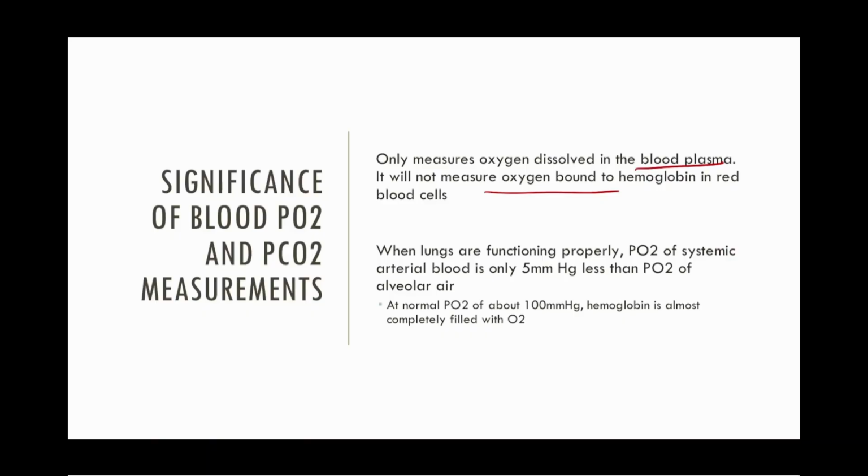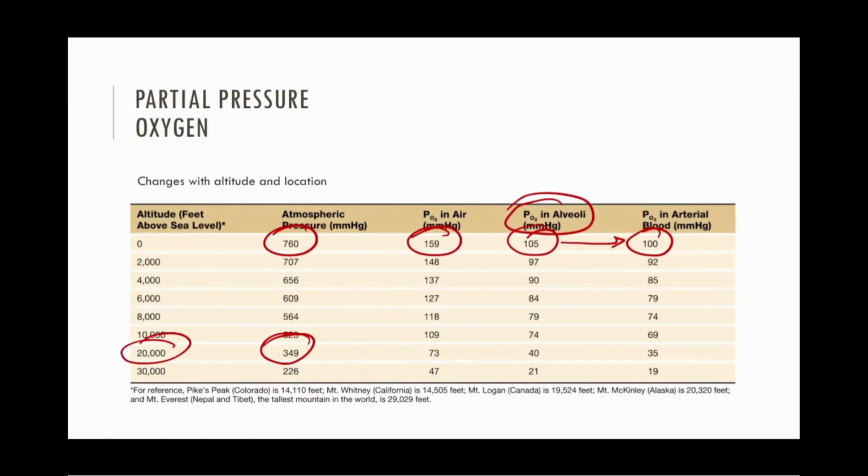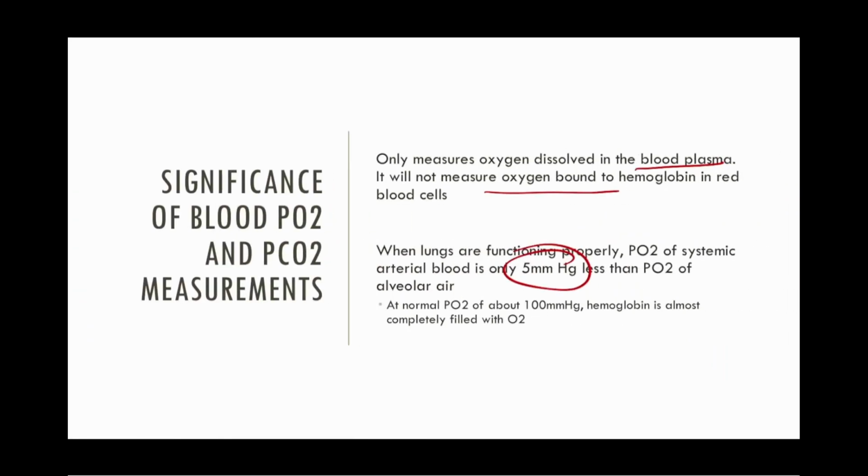When lungs are functioning properly, PO2 of systemic blood is only 5 less than the alveolar PO2, and there's your 5. So when everything's working well, there's only a 5 millimeter mercury difference between the outside and the blood, and that allows enough for gas exchange to occur.